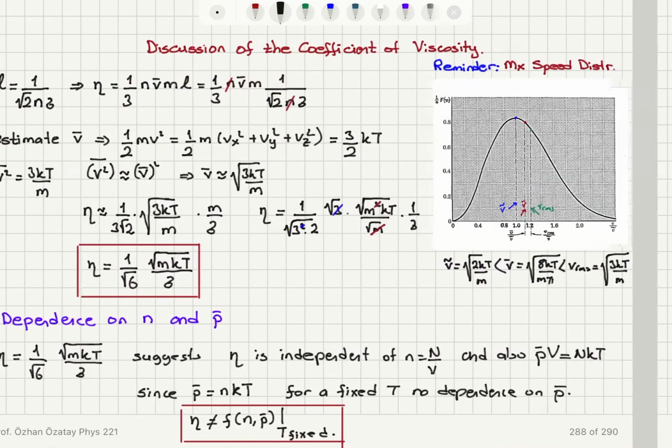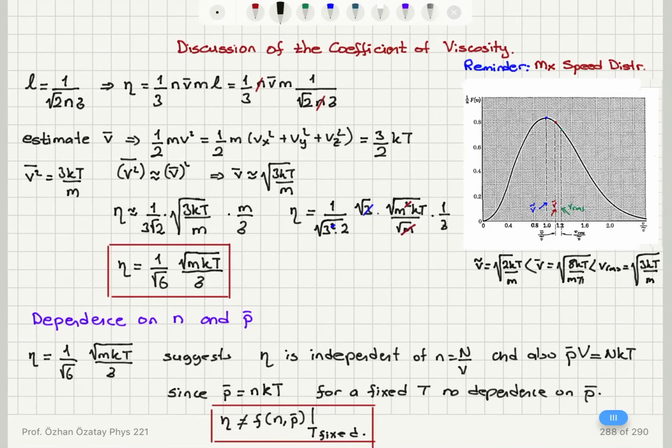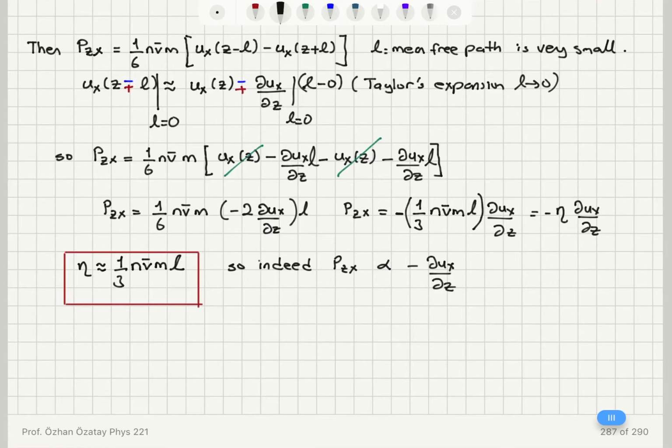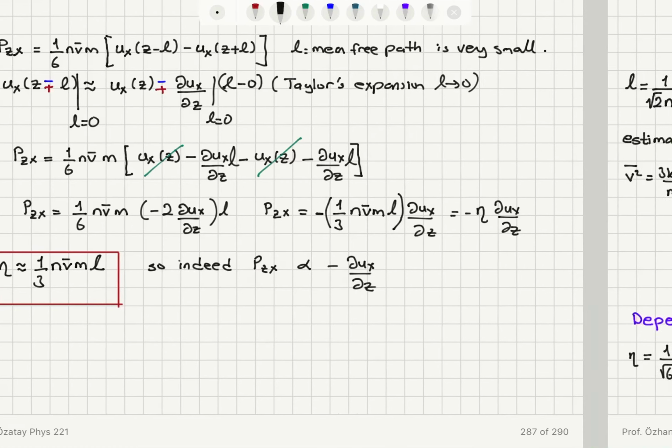So let's summarize what we said here. We have found in our previous discussion that the coefficient of viscosity is 1/3 n m v bar l, where n is the number density, v bar is the mean speed per molecule, m is the mass of one molecule, and l is the mean free path.